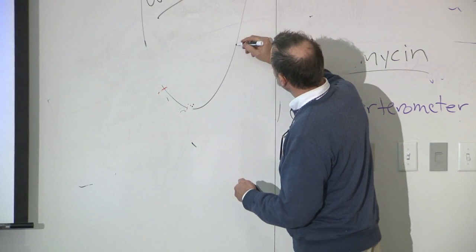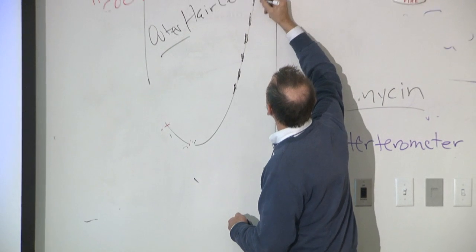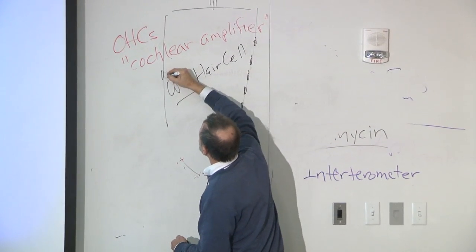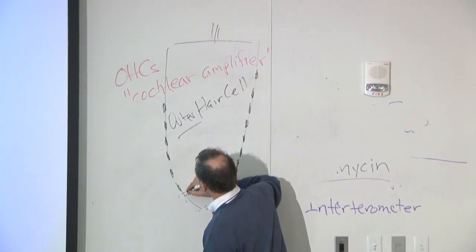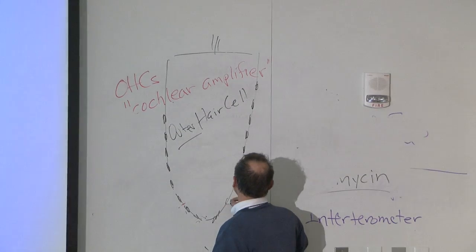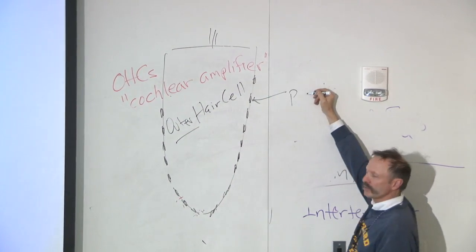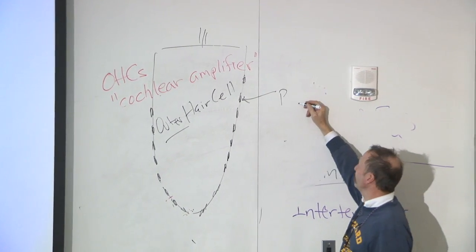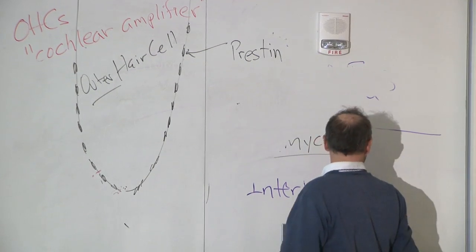So if you look at the outer hair cells, there's a lot of protein in the membrane. And the protein is found pretty much nowhere else in the body and was given the name Prestin.